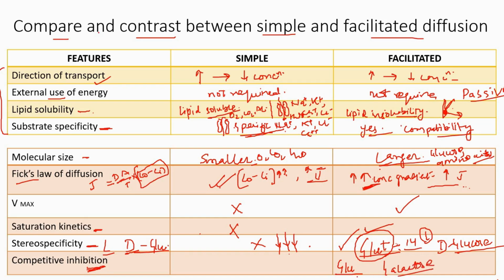So these two substances are competing with each other to bind on this transporter. So competitive inhibition is present in case of facilitated diffusion, and there is no binding with something, so no competitive inhibition is present in case of simple diffusion. So this is all about the comparing and contrasting features of simple and facilitated diffusion.